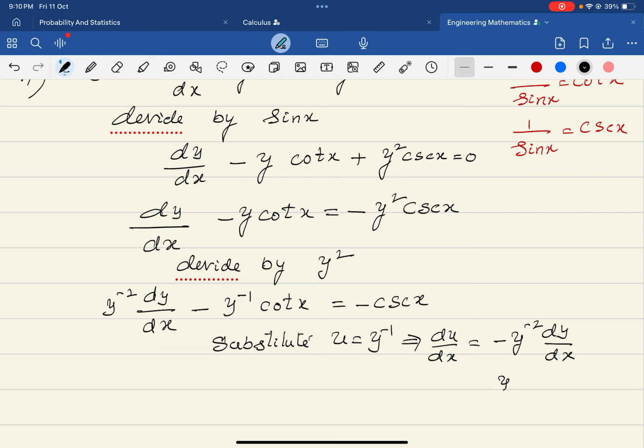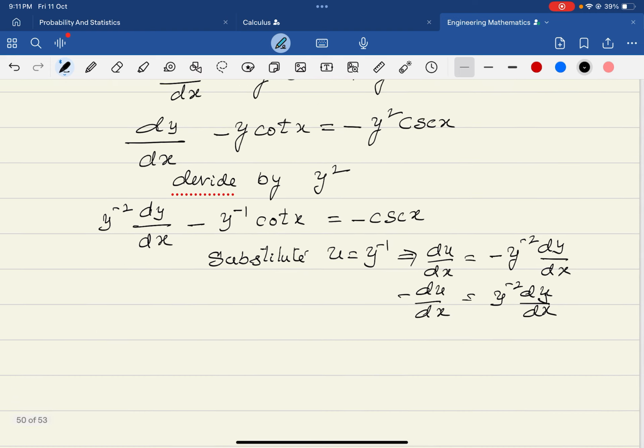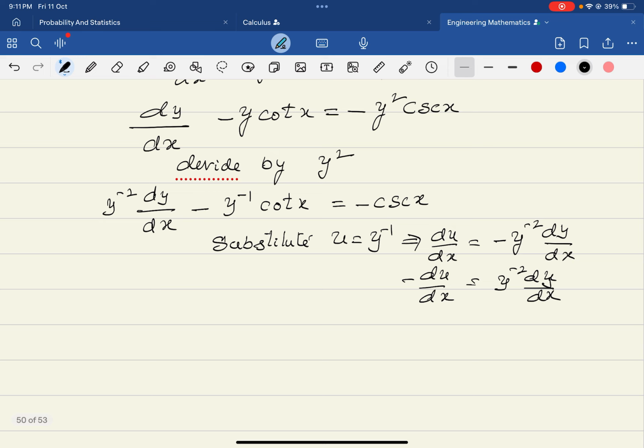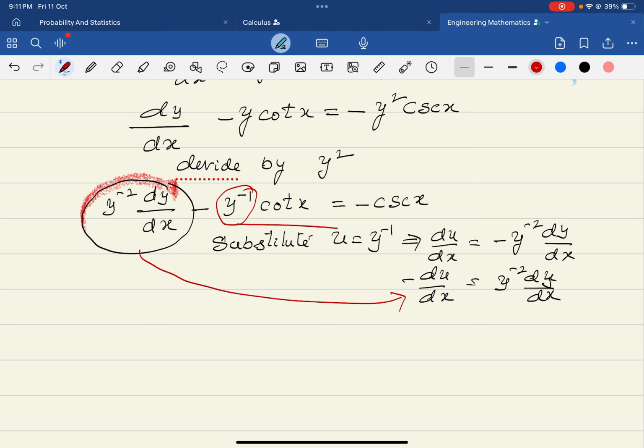So you can write y power minus 2 dy by dx as minus du by dx, and y power minus 1 will be replaced by u.